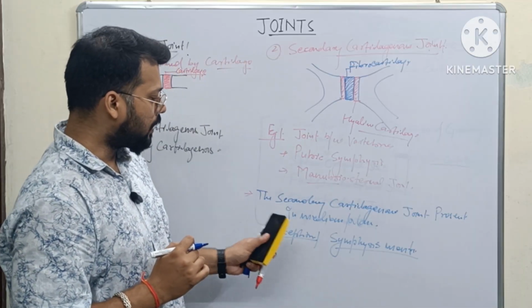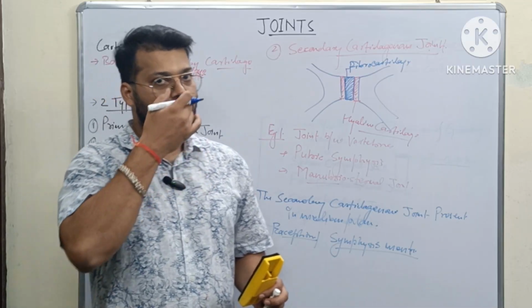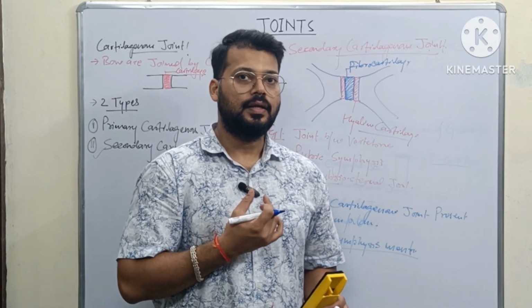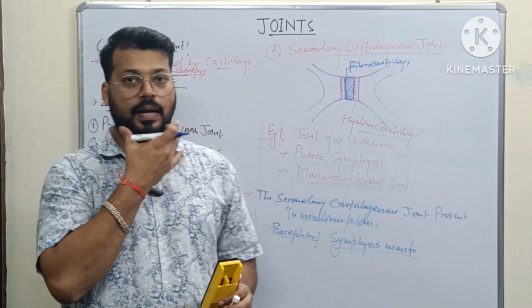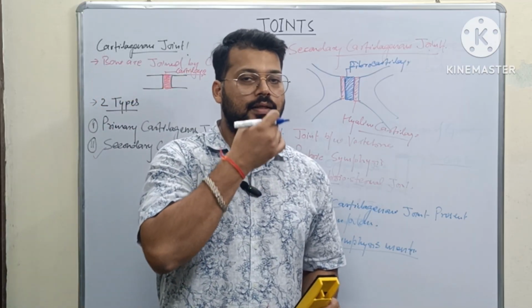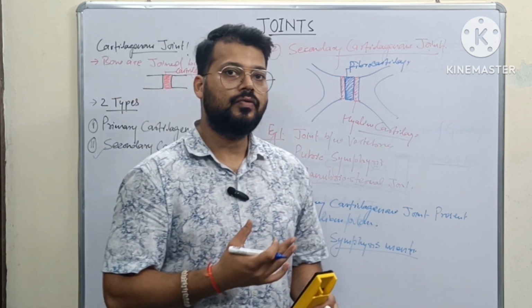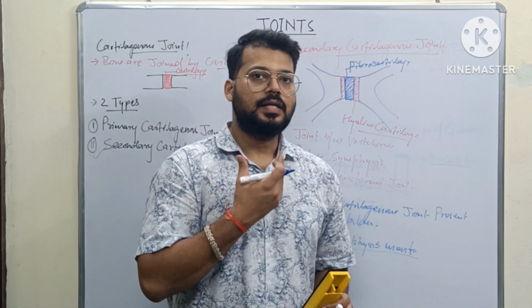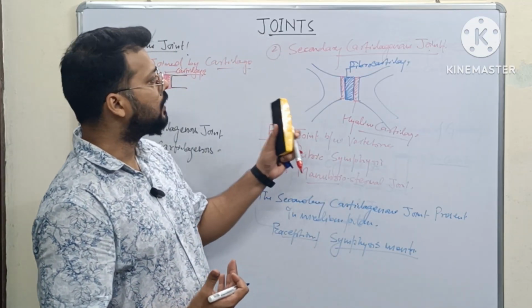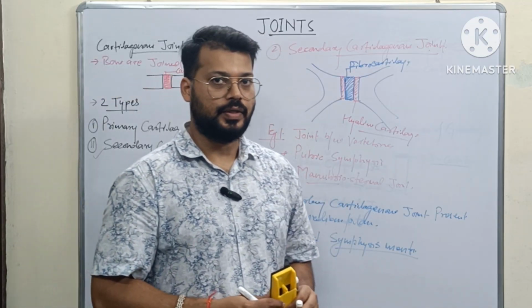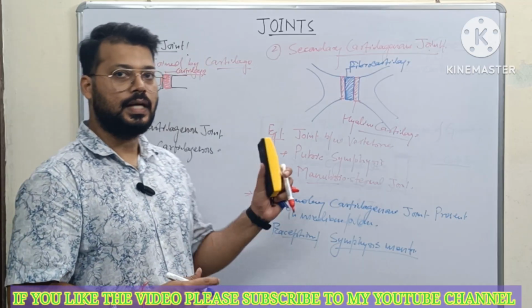Okay, अब ये exception क्यों होता है? Because ये जो joint होता है median plane में present होता है and these two halves of the mandible are joined by a cartilaginous plate. But होता क्या है? After 1 year of postnatal life, this cartilaginous plate is converted into bone. That's why it is the exception of the secondary cartilaginous joint. Okay, so it's all about cartilaginous joint.